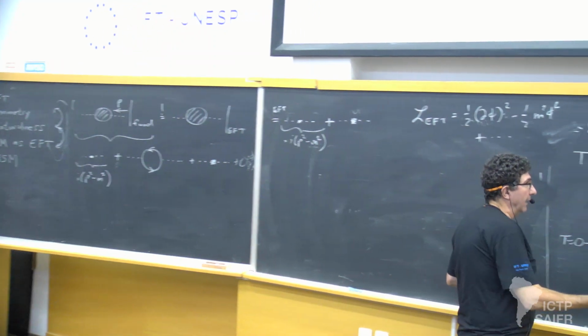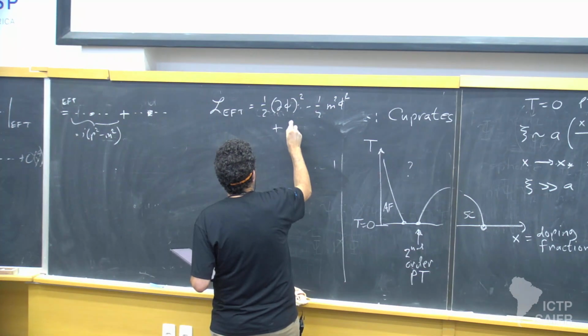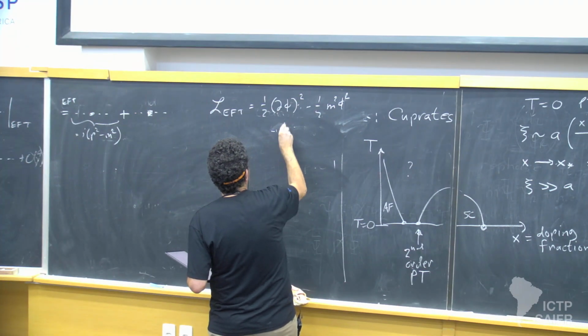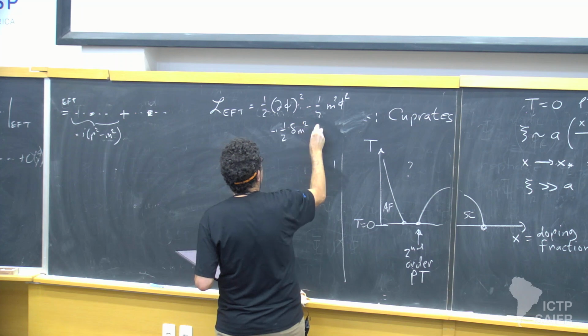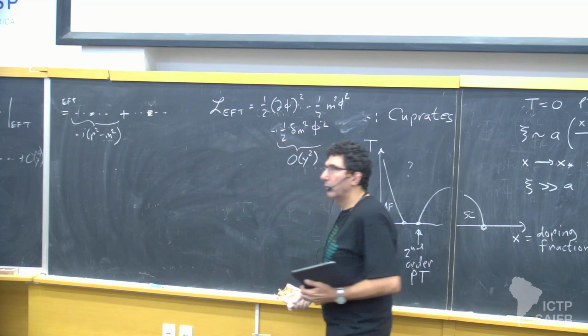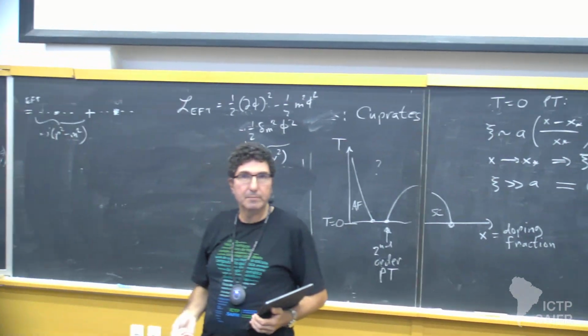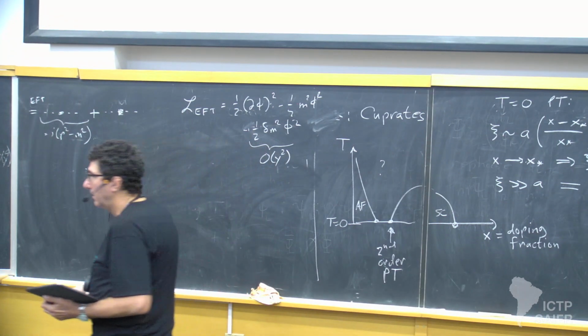Except here, I don't have any other interactions. So I'm just going to call this counter term 1/2 delta m squared phi squared. And this thing is conceptually at order y squared. It's there to make the two Lagrangians agree at this order. Okay? Make sense?